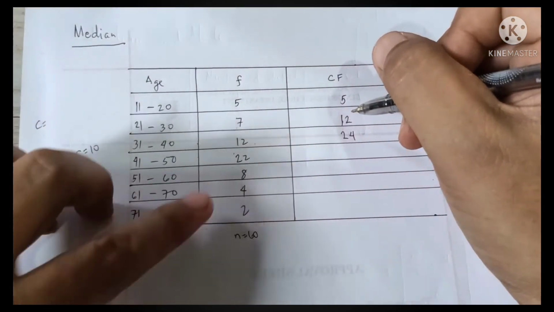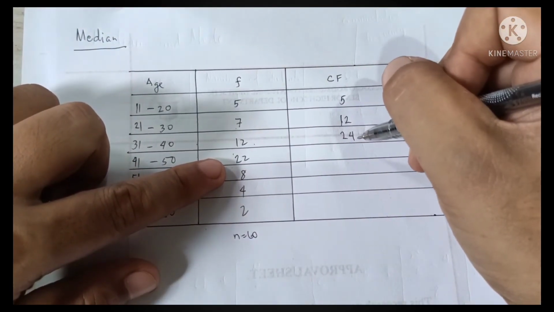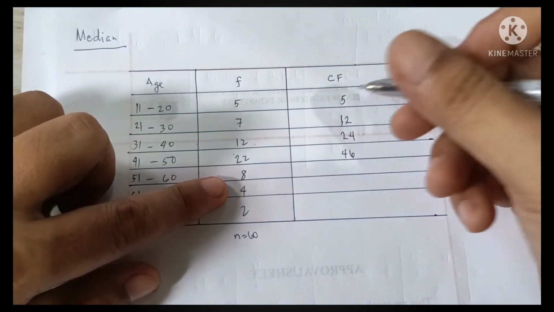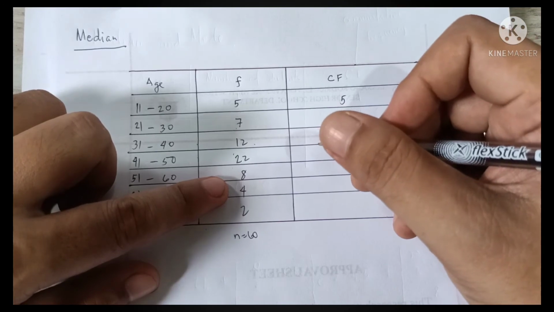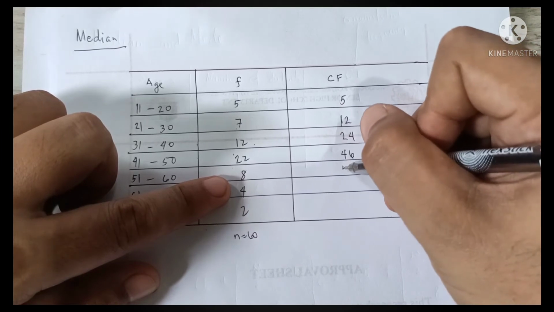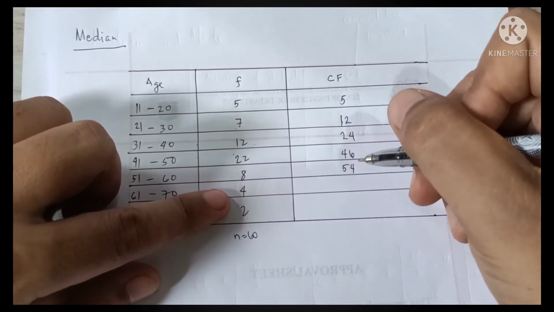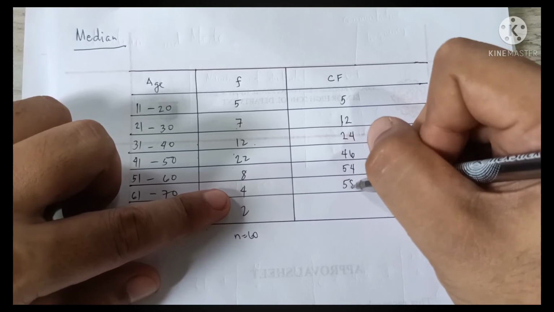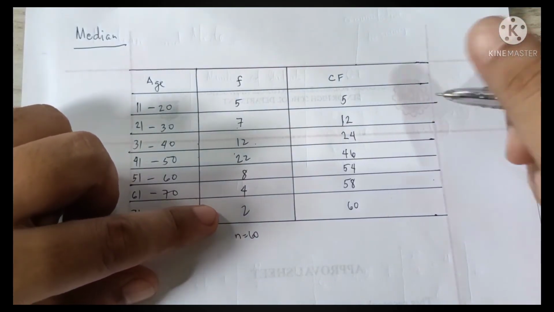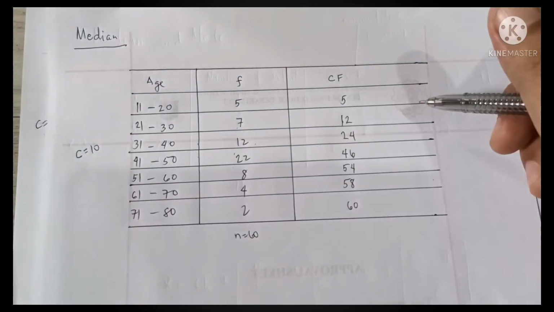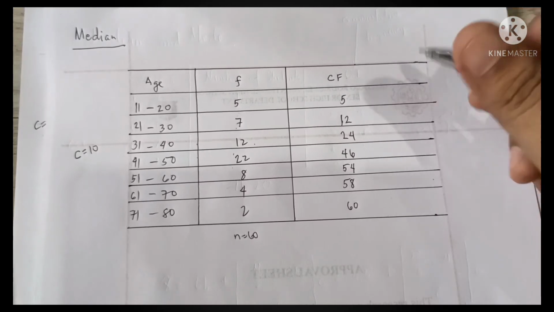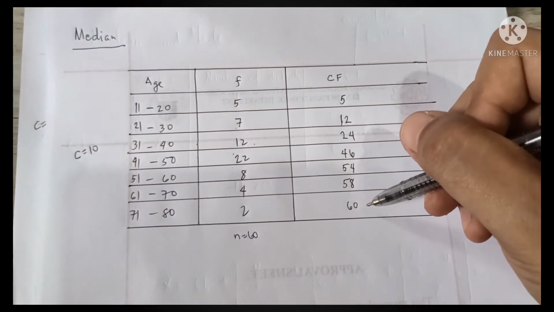So 24 plus 22, that is 46. Okay. So 46 plus 8, that is 54. 54 plus 4, that is 58. Then, 58 plus 2, that is 60. So, tama yung ating total number of frequency or total number of population, 60.